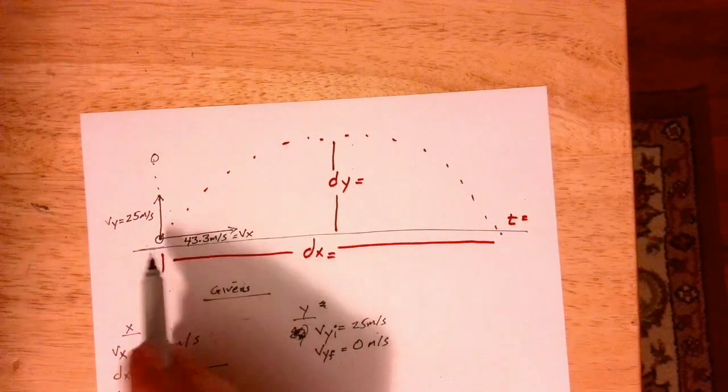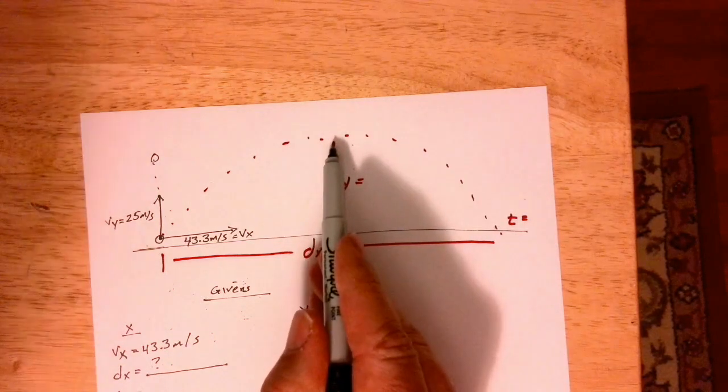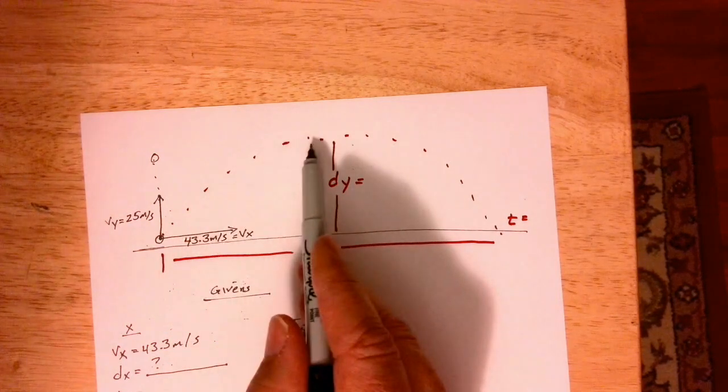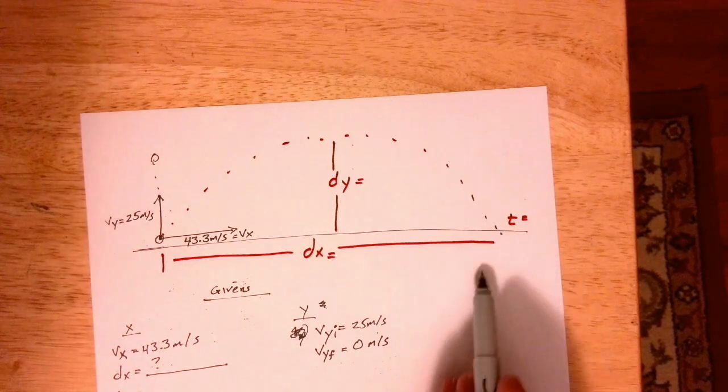Now, if you look at the flight, where would that take place? That should be taking place up here, at the halfway point. On the way back down, if it's going up at 25 meters per second, right before it hits the ground it should be going 25 meters per second vertically downward.